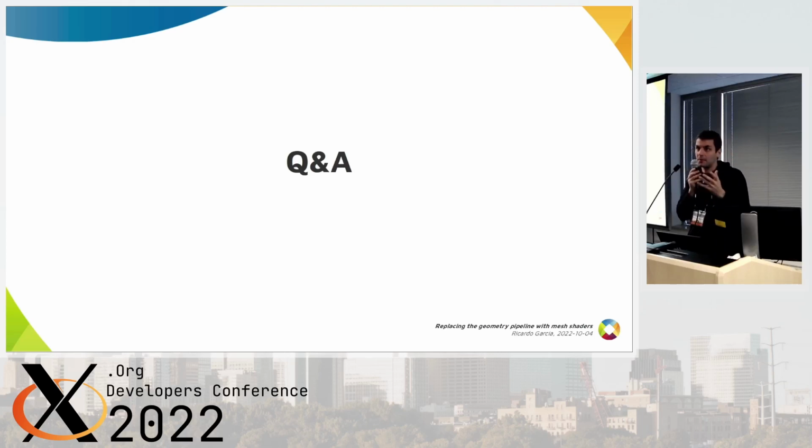Timur will tell you more about that, but you can use them for choosing levels of detail, or you can cut things short: this whole thing is not visible, so I'm not going to launch anything to generate geometry for this part of the scene. Task shaders usually pre-process geometry, do some selection, and launch the appropriate number of mesh shader workgroups so it works optimally and doesn't waste hardware resources. So it's very important in practice to use task shaders to decide how many mesh workgroups you really need and to do some work there.